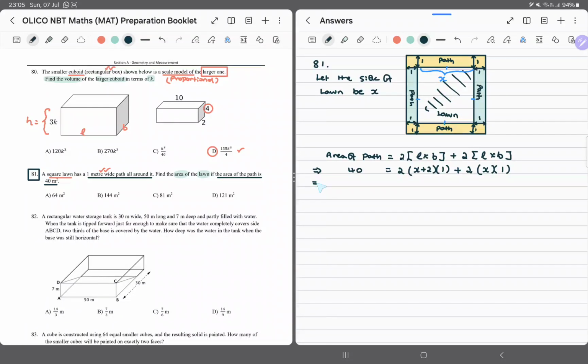So this implies that 40 is equal to, when we sort this out, it becomes 2x plus 4, right? And then plus 2x.